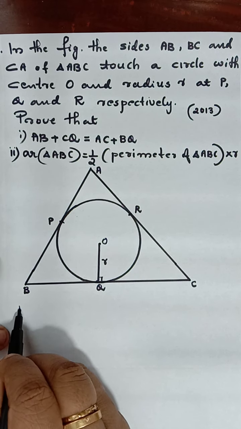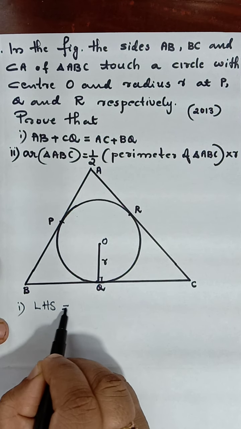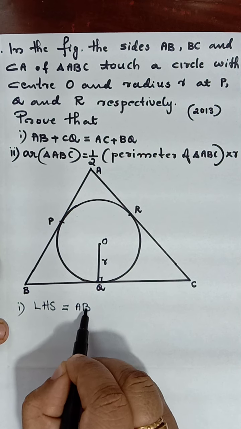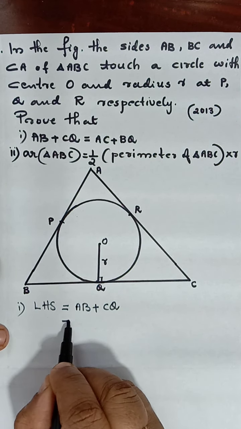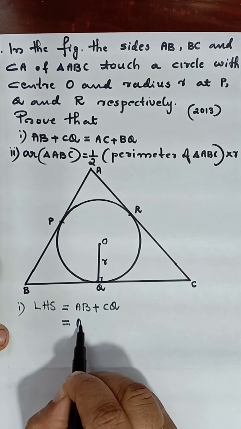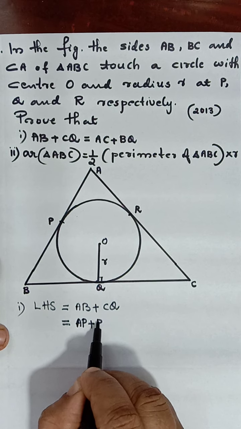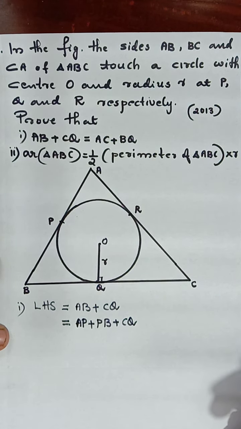For the left hand side, LHS, I am starting with AB plus CQ. What are the parts of AB? AP plus PB. AP plus PB plus CQ. These are the parts.